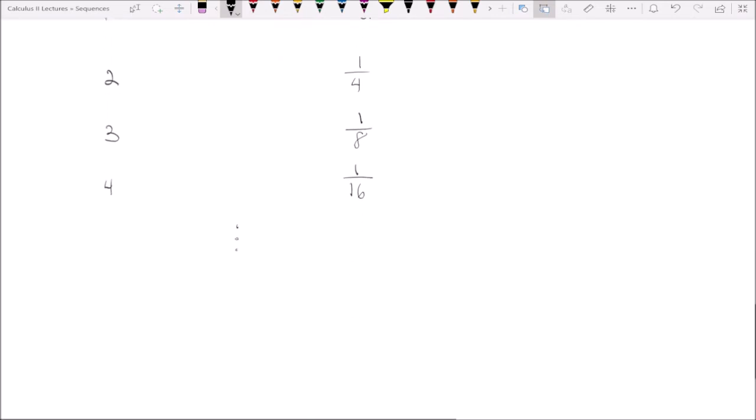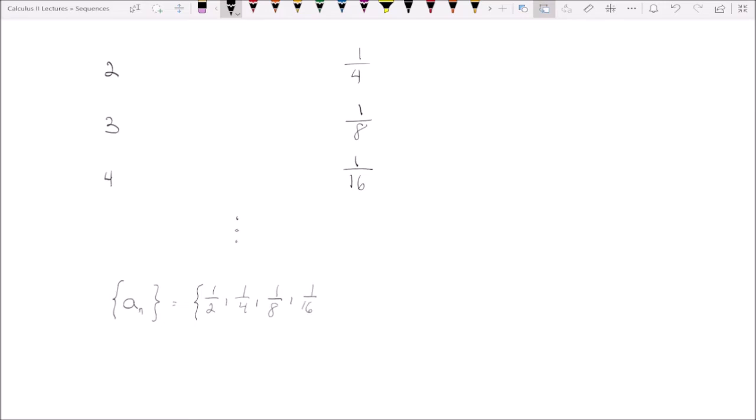So the sequence of remaining cake would be a half, a quarter, an eighth, a 16th, so on and so forth.